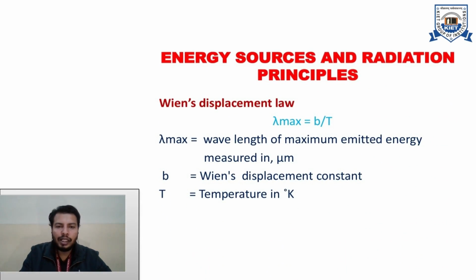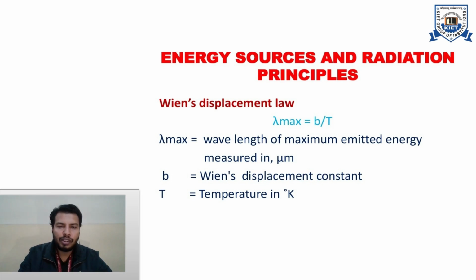Similarly, if you want to calculate the wavelength, let's take an example where there is one radiant band. Electromagnetic radiations are getting reflected by striking a target, and those are reaching back to the sensors. If you want to calculate the maximum wavelength in that particular radiated band, we can use Wien's displacement law, which says that lambda max equals b by T. Here lambda max is the maximum wavelength of emitted energy, b is Wien's displacement constant, and T is the temperature in Kelvin.